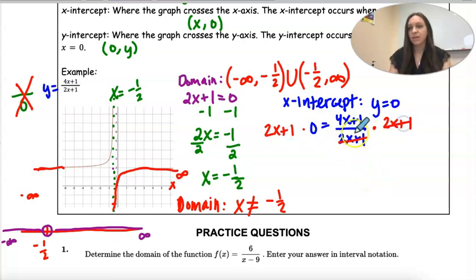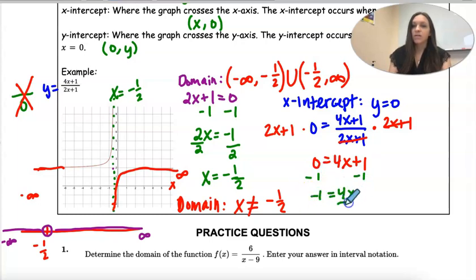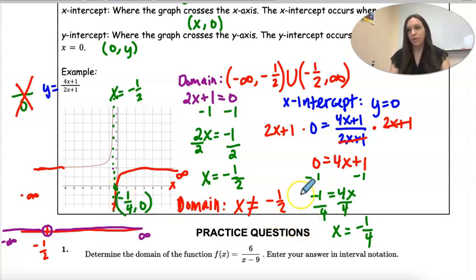So they cancel over here. 0 times anything is just 0. So really, the denominator just goes away. And now we're going to keep solving. So minus 1, minus 1. Divide by 4, divide by 4. So x equals negative 1/4, which we saw in Desmos. This x-intercept is negative 1/4 when y equals 0. I'd write that as a point.